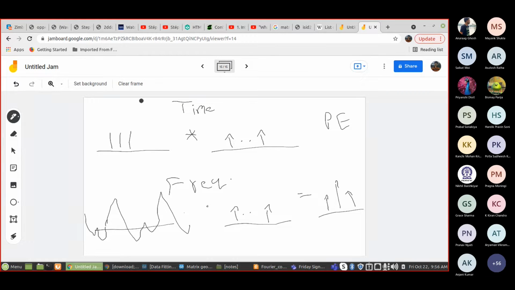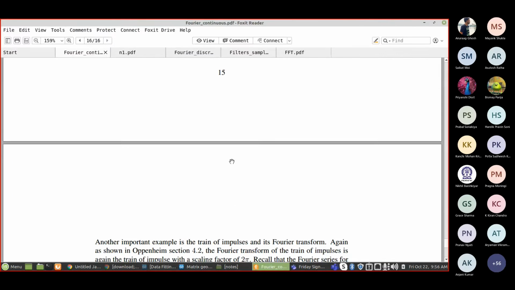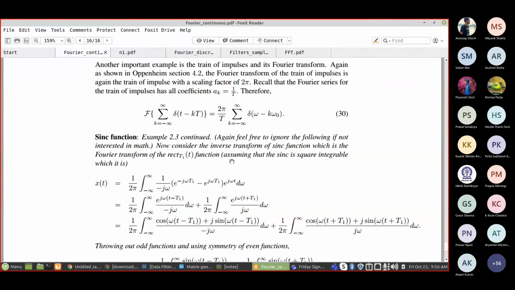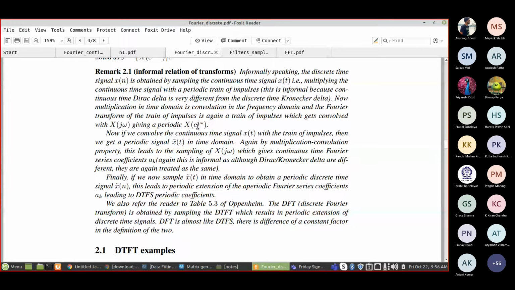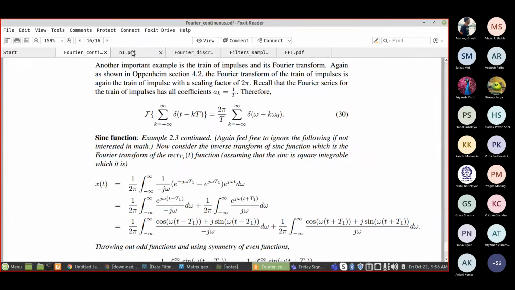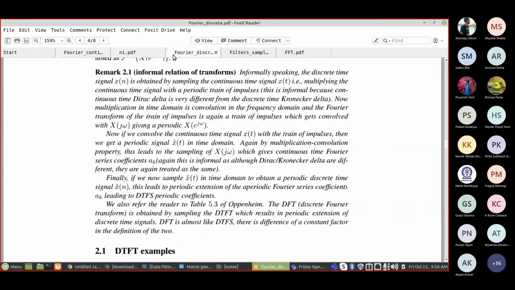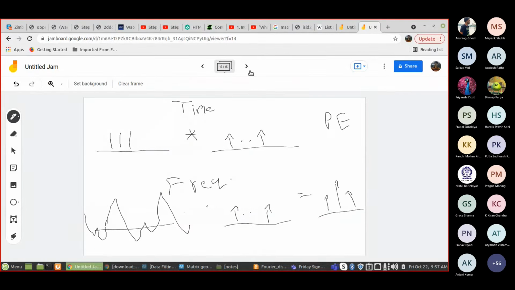Okay, so I hope that makes sense to all of you. If you feel confused, then I'm sure if you just go through this once, you should be able to understand this. Okay. Why I am saying informal is because Dirac delta and Kronecker delta are different, but these ideas can be made precise, with some work, which we are not going to do.